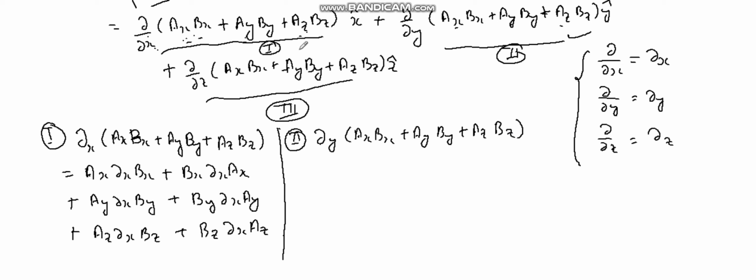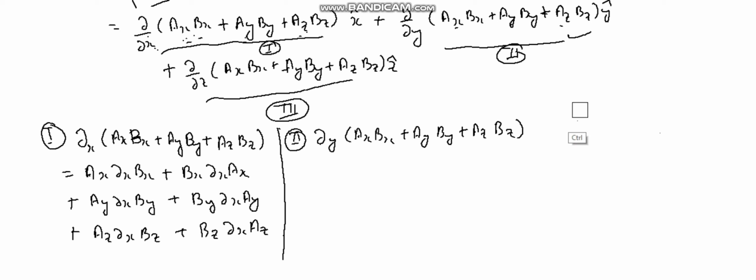And one thing is that we have this x cap, so x cap is going to act on all of these terms, and we have y cap, so y cap is going to act on all of these terms, which I am going to write right now. So it is going to look like ax.